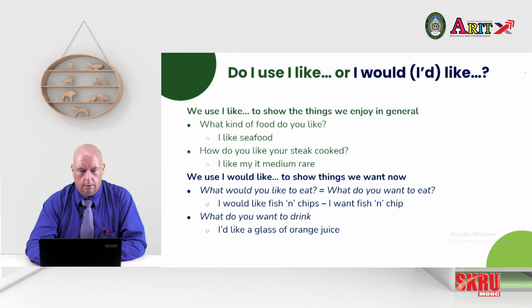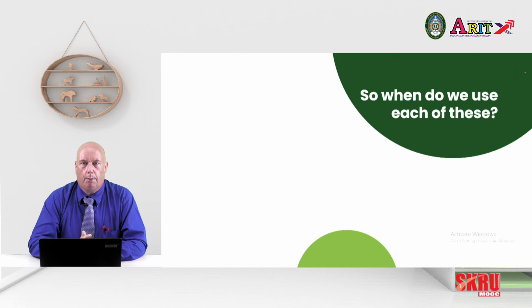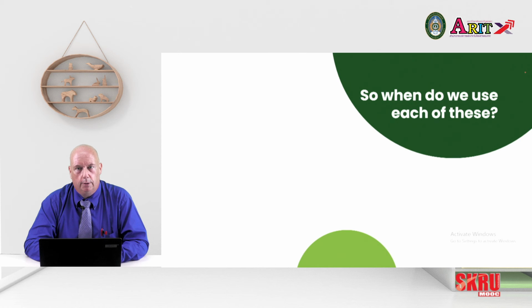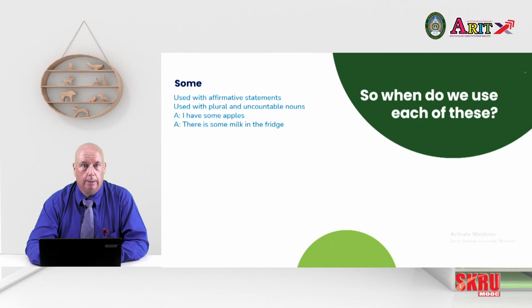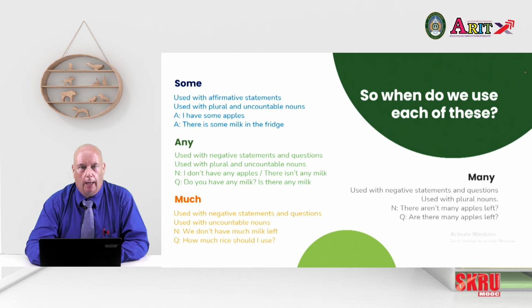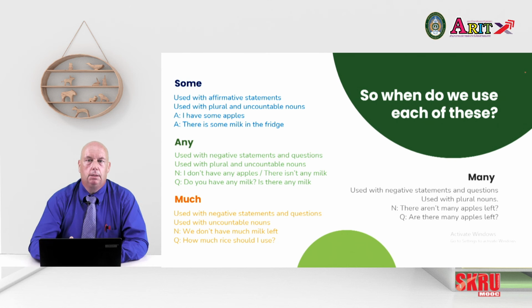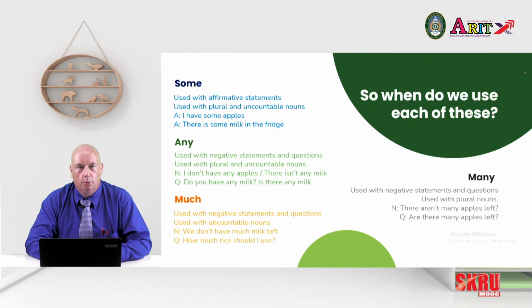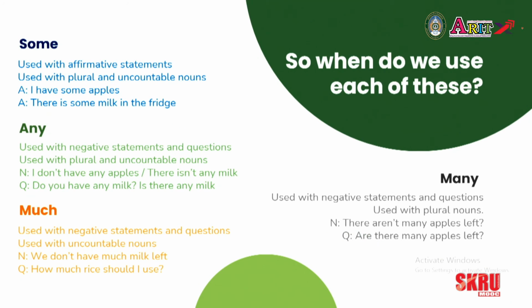Okay, and the last part I want to talk about is how we use some of the terms. Some, any, much, and many. Now, there is a little more to this, but a simple rule of thumb, if you want to start using these, we use some with affirmative statements, and they're used with both plural and uncountable nouns.